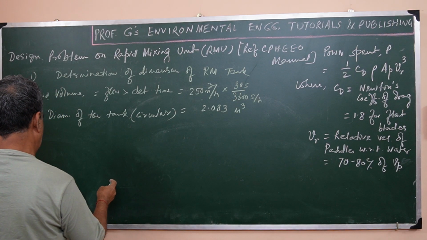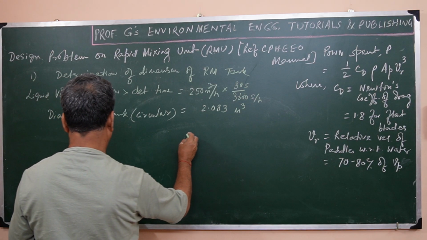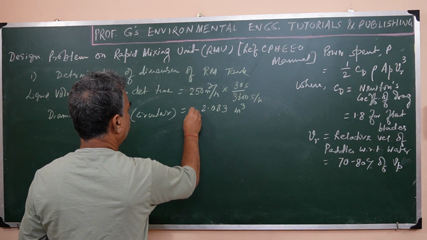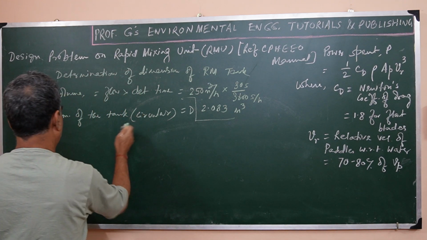So diameter D, this is D, the diameter of the tank. I'm just dividing a line so that it gets separated.